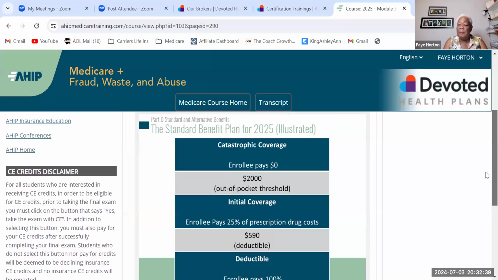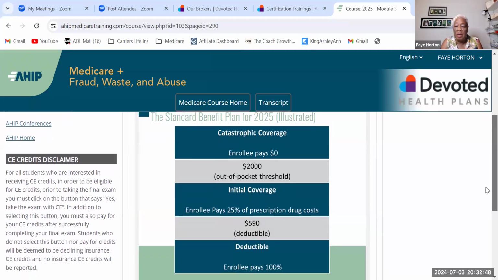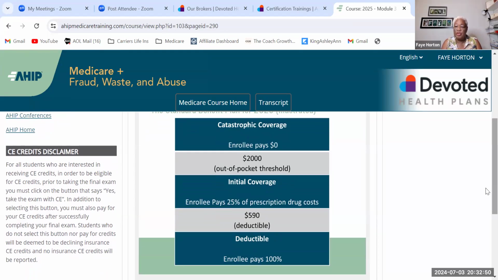The standard benefit plan in a chart scenario looks like this. Starting from the bottom and moving up. First, you got the deductible. So whatever the plan deductible is, the enrollee pays 100% of that deductible before they go into the initial coverage phase.